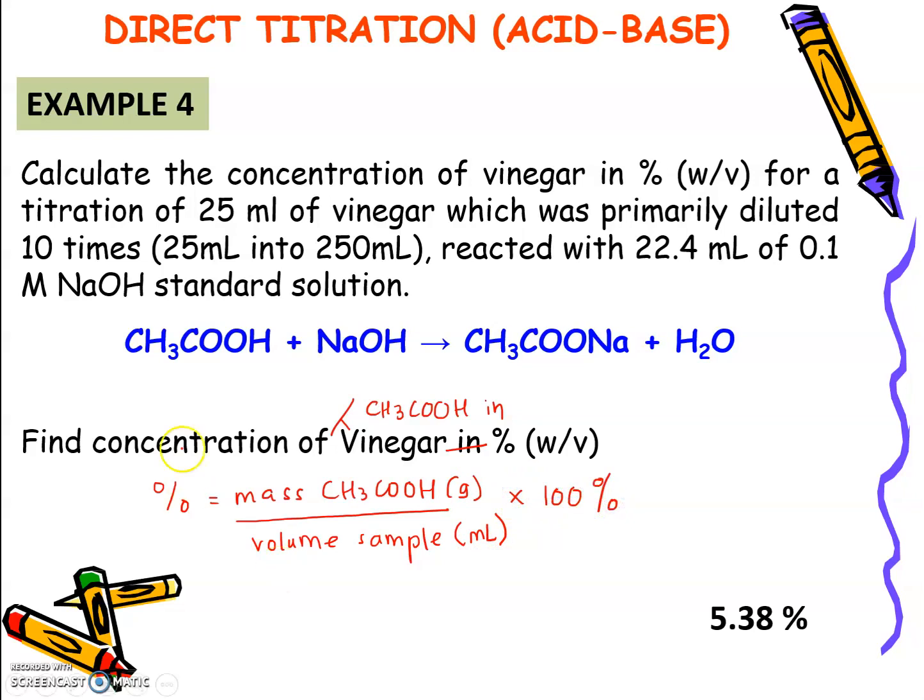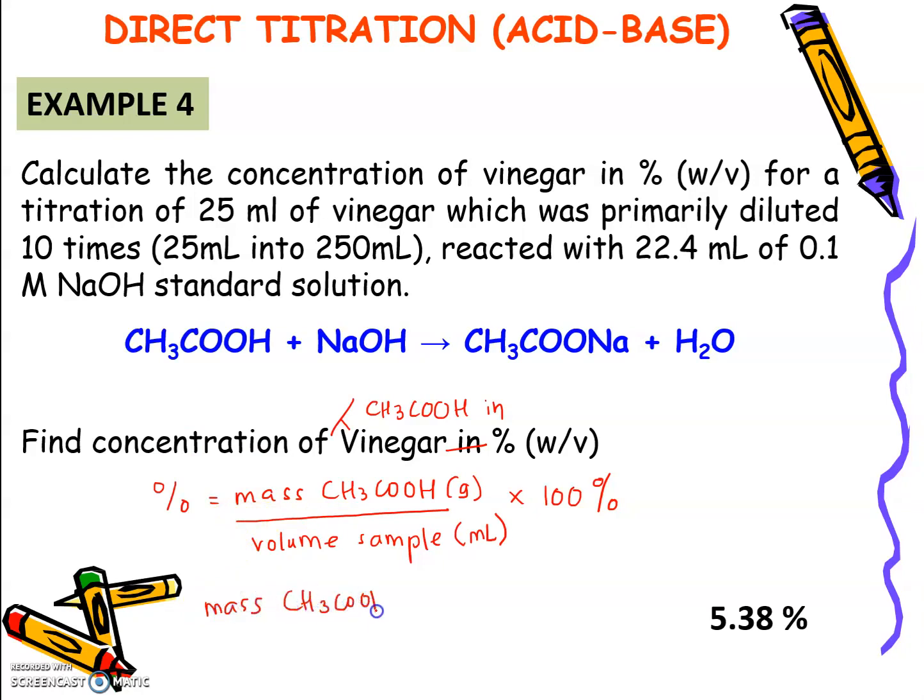It is the same method as the previous example. To find the percentage weight per volume, you have to know the mass of acetic acid.